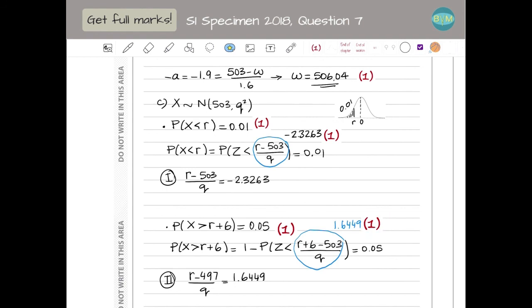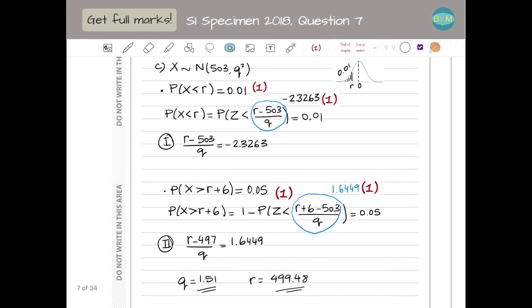Then you have one mark to write the simultaneous equations. I didn't write them together, but it's just saying these are simultaneous equations and solving them. Another mark for the value of q and another mark for the value of r. And I have all the marks in this part. There were 7: 1, 2, 3, 4, 5, 6, 7.